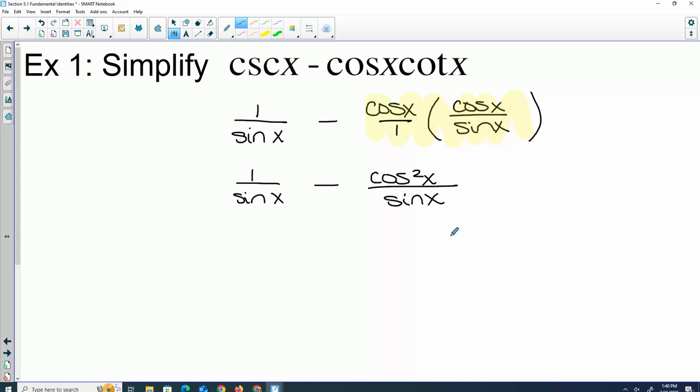If we want to add or subtract fractions, they have to have a common denominator, but if we look, these do. So I can put this together as one fraction. Minus cosine squared x over sine. Okay, 1 minus cosine squared.